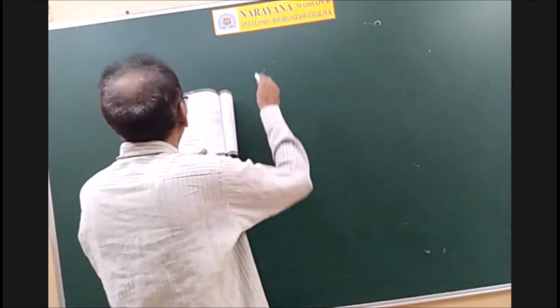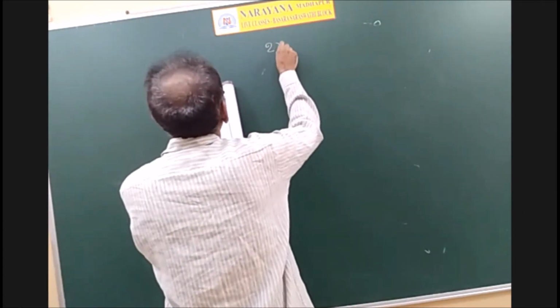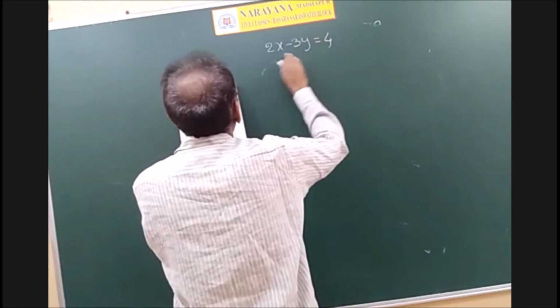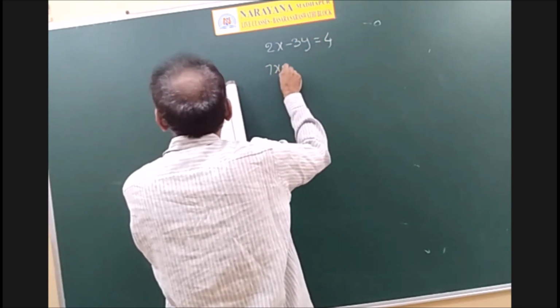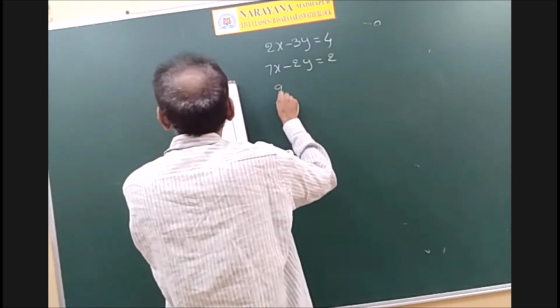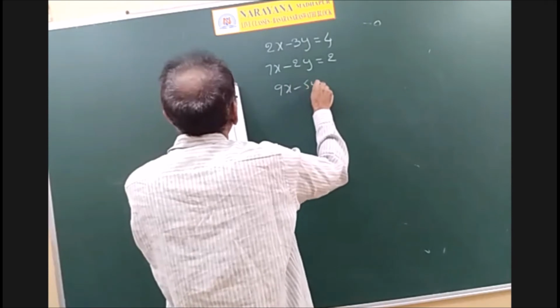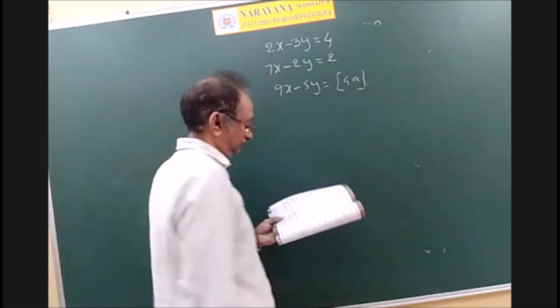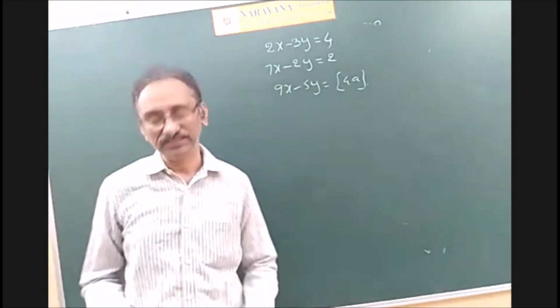The set of equations 2x minus 3y is equal to 4, 7x minus 2y is equal to 2, 9x minus 5y is equal to integral part of 48. So this system is consistent.